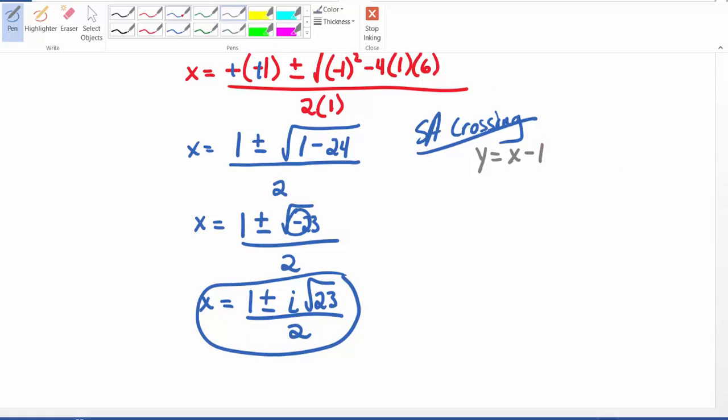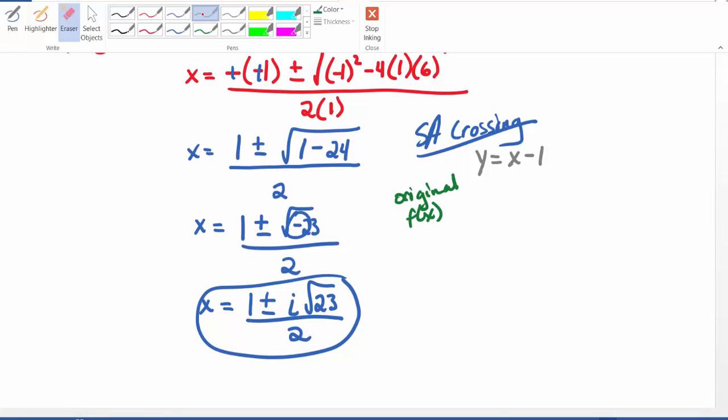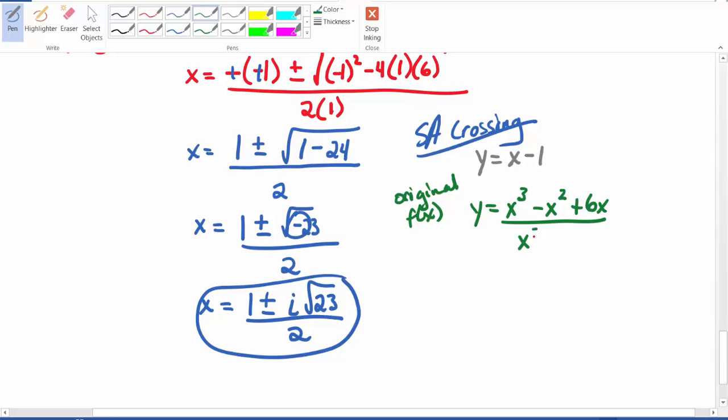And our original function, let's say he's green, the original function was x cubed minus x squared plus 6x all over x squared minus 9.